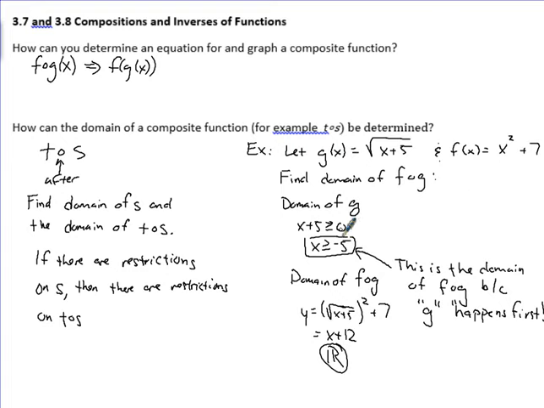Well, even though I just found the domain of that composite function to be all real numbers, the problem is that g had a restriction on it before I found the equation. Therefore, the restriction on g is the domain of f after g, because g happens first. So that restriction holds true for the rest of the composite function.